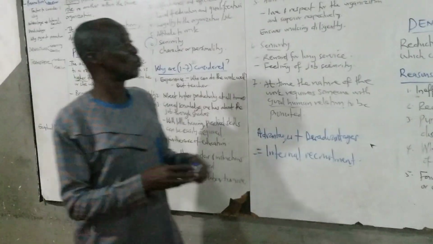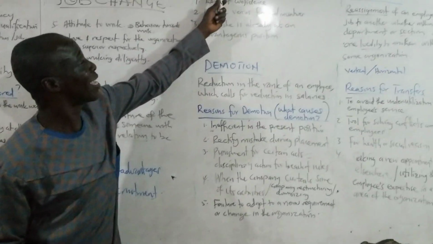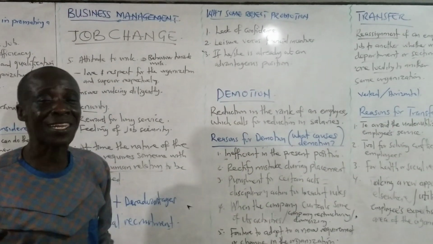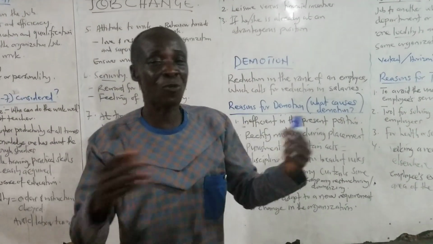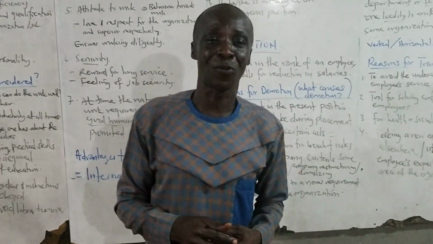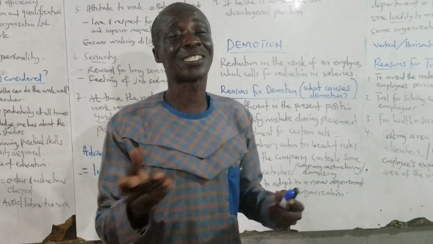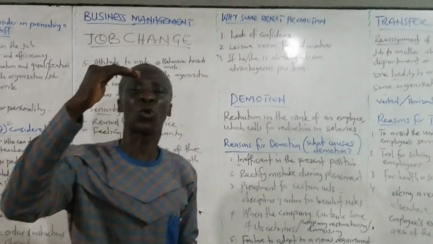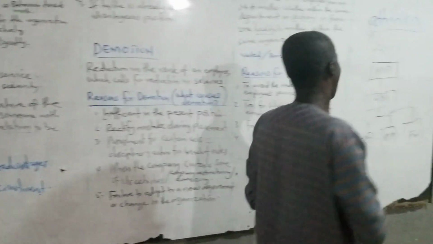So let's move to the next one. Why do some reject promotion? You may think that promotion is good, so everyone likes it. No, there are some people, if you want to promote them, they reject the promotion. Why? Very simple, straightforward. The first one is lack of confidence. You are going to occupy a certain higher position.